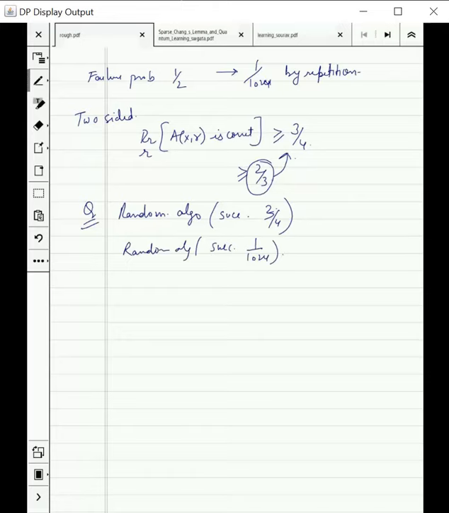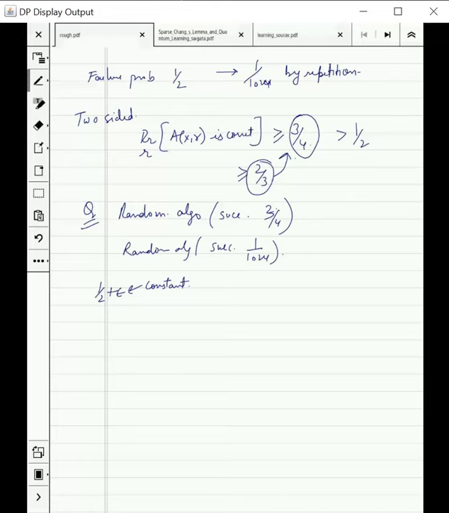Notice that this constant should be greater than half, because otherwise I can just toss a coin and I will be correct with probability half. So that does not give me any advantage. So my probability should be more than half, let's say it is half plus epsilon, where epsilon is a constant.